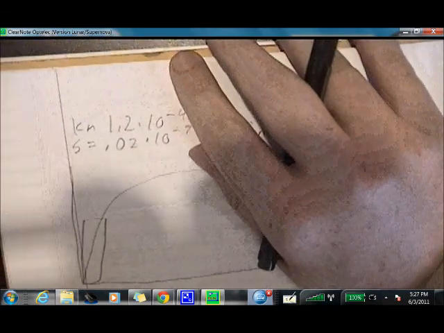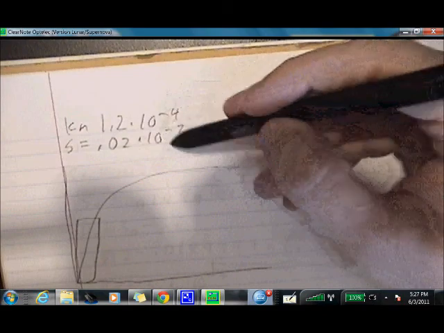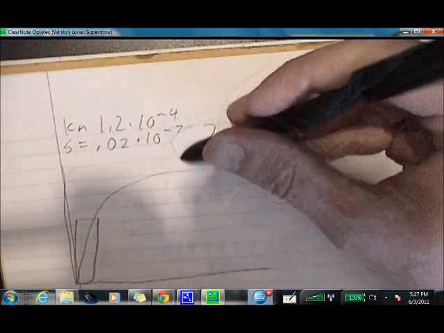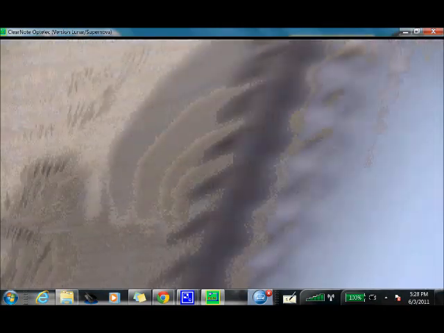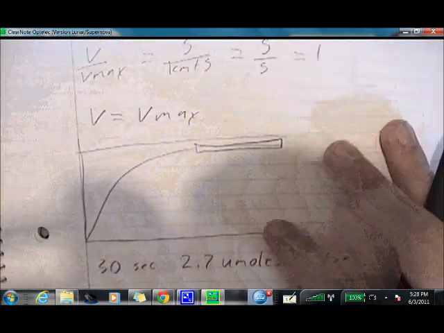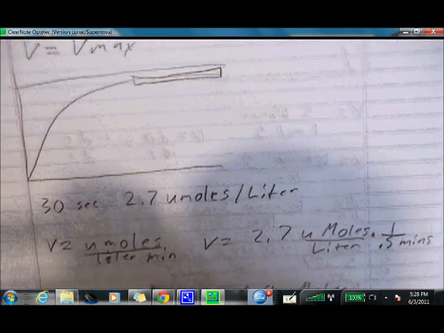And I just wanted to show you what would happen if your substrate was a lot less than your Km. Fortunately, your substrate for this problem is much greater than Km, making this very, very easy, and all you have to do is multiply it by the time.